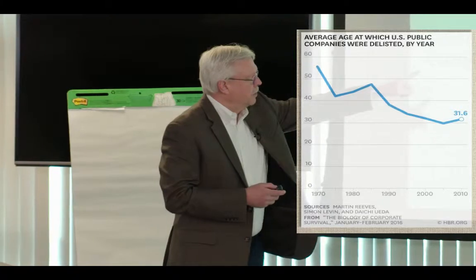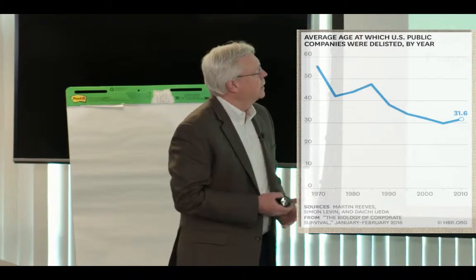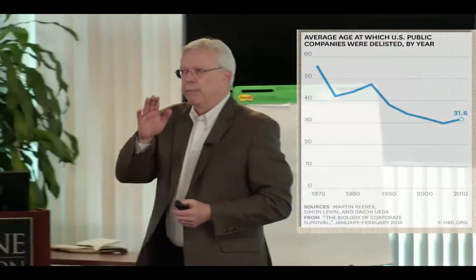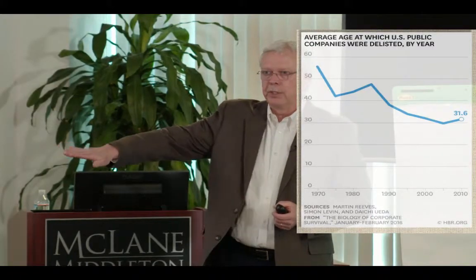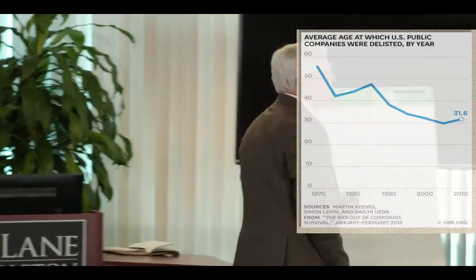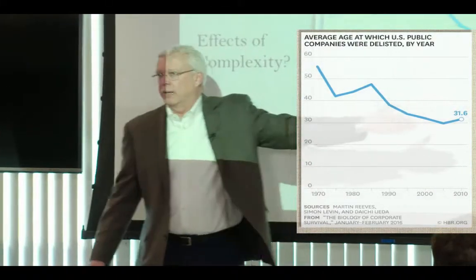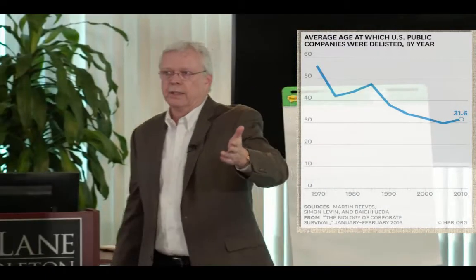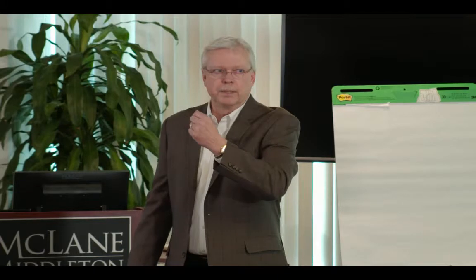But in terms of reinforcing where things more recently stand, this is the average age at which US public companies are being delisted. And you look at the survivability curve of companies, you can see that as of 2010, and I don't frankly know what it is today, but I can wager with some conviction it's now south of that line, it is 31.6 years, you're into the second generation typically of a family business.